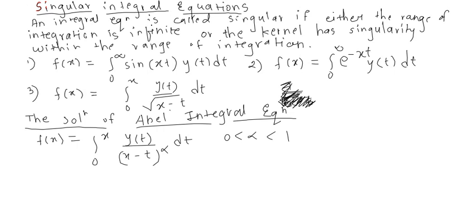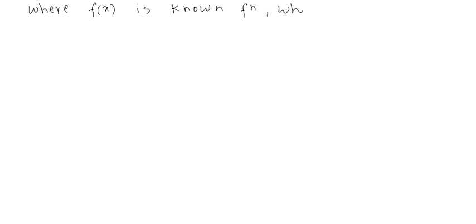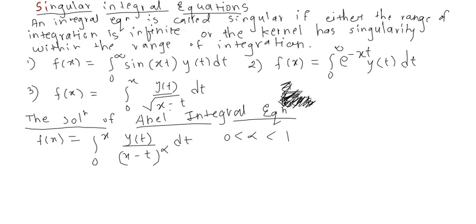Okay, so you can see here this f of x, whatever you can see in the LHS, is a known function, while y of t is to be determined. Okay, because what is y of t? Y of t is the solution of the above integral equation. This y of t is a solution of this particular integral equation, and we want to determine what is that y of t.